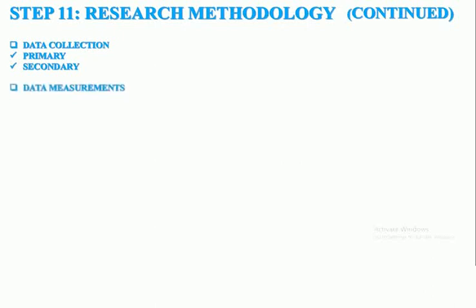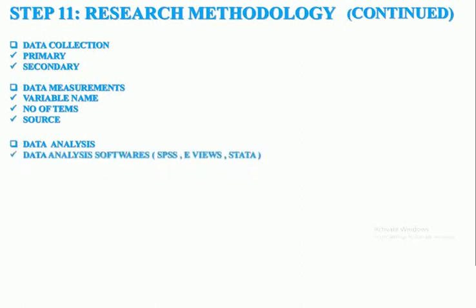Then comes your data measurements, in which you mention your variables, their items, and their sources from where you have picked them. It includes your variable name, number of items, source, and then comes your data analysis. In data analysis, you tell about your techniques, such as the data analysis software, such as SPSS, eViews, or SAT, whichever software you are using, you have to mention in your data analysis with proper logical reasoning.